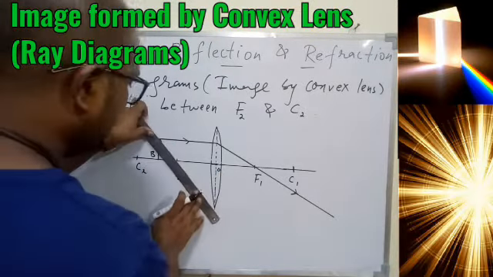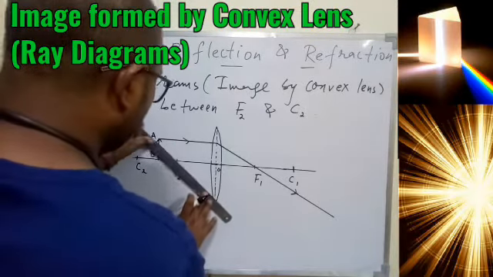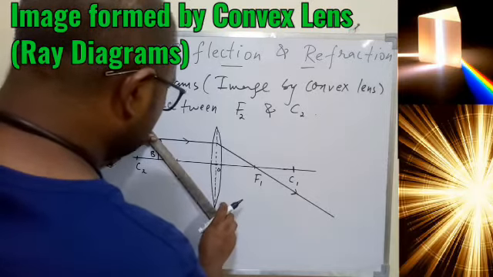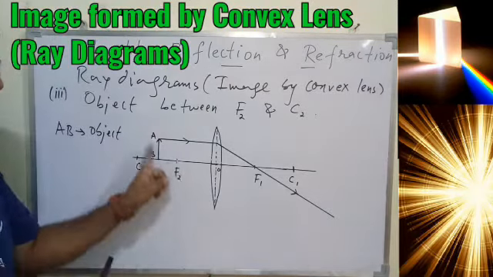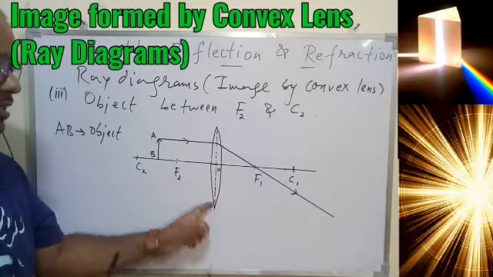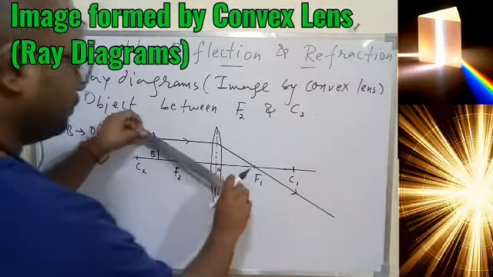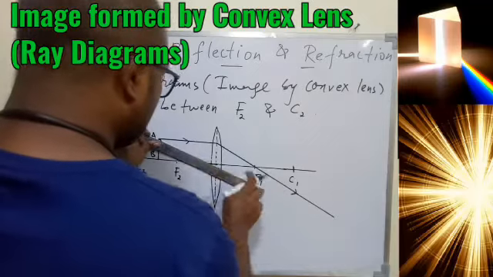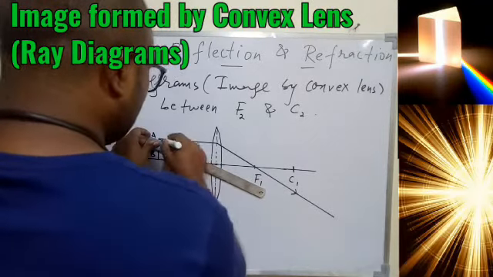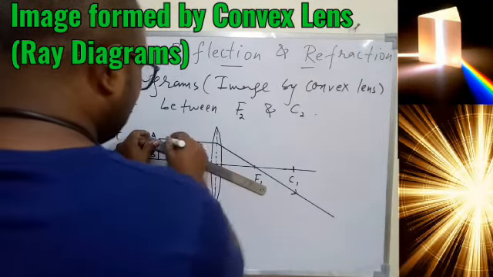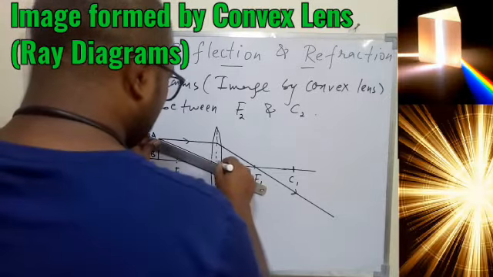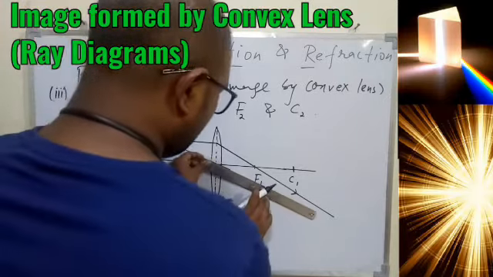The choice is yours. If the ray of light is not falling on the lens, then you can increase the length of the lens also. Since that is not happening here, the lens has less length, so what we can do is take the ray passing through the optical center.